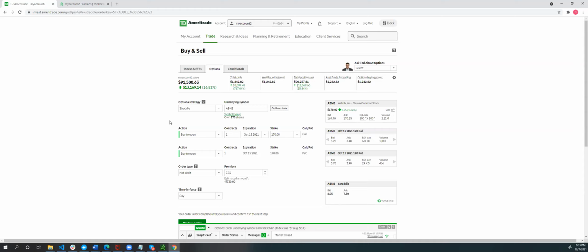Nowadays there are even CME marketplaces where they let you trade it as a straddle. But at the end of the day, as I was showing earlier, if you sum up the ask and bid, that's the same price you see on the straddle ask price as well.